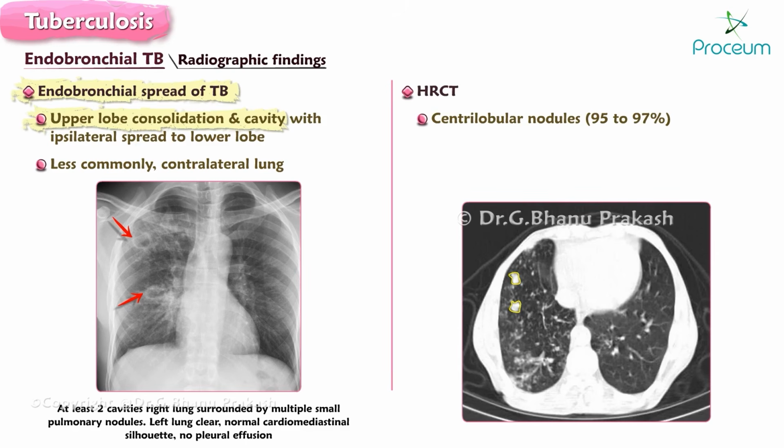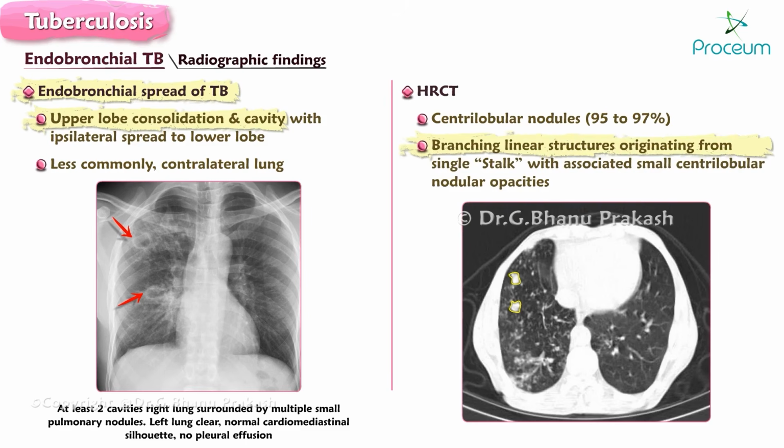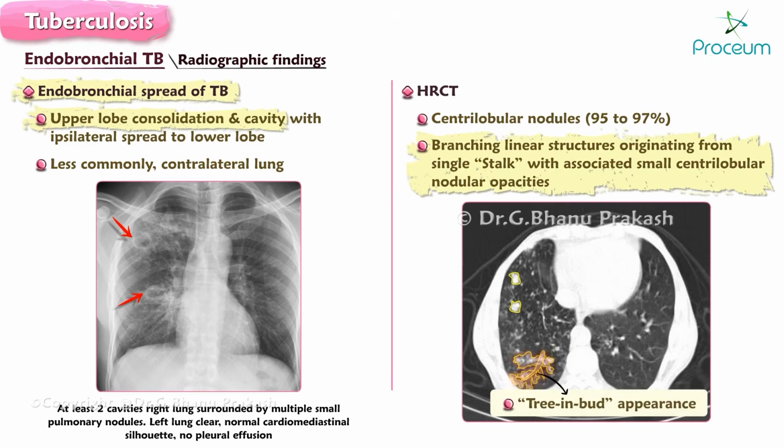Another common manifestation of endobronchial spread on computed tomography is the presence of branching linear structures originating from a single stalk, with associated small centrilobular nodular opacities: the tree-in-bud appearance.